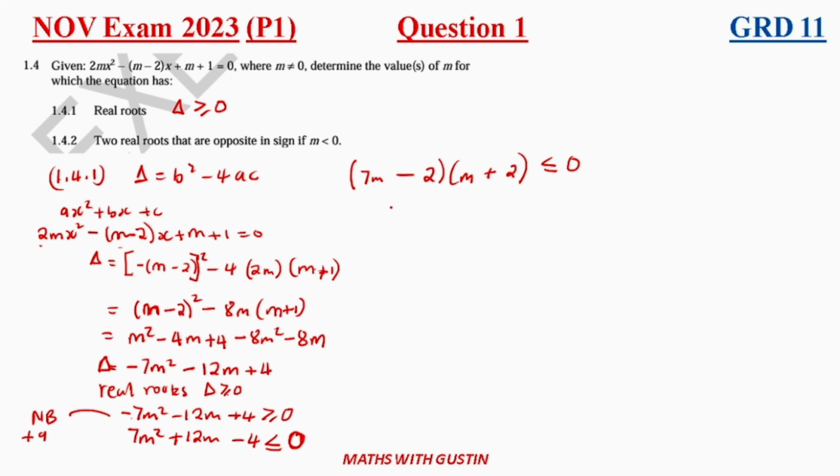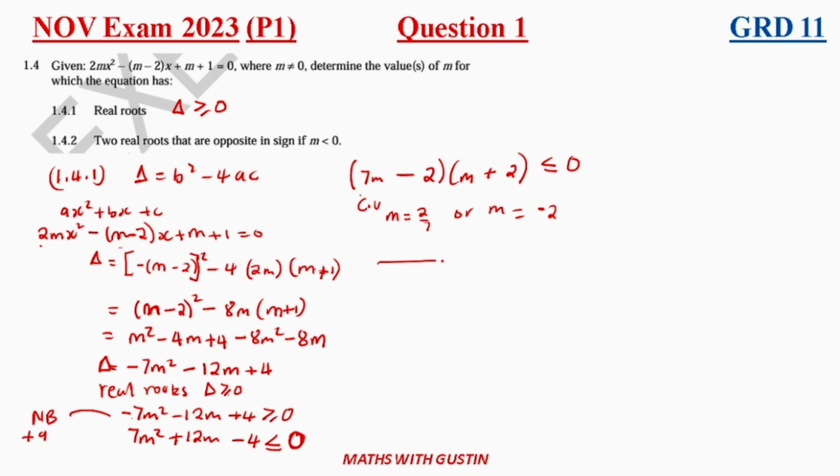So therefore our critical values will then have to be m is equal to 2/7, or m is equal to -2.